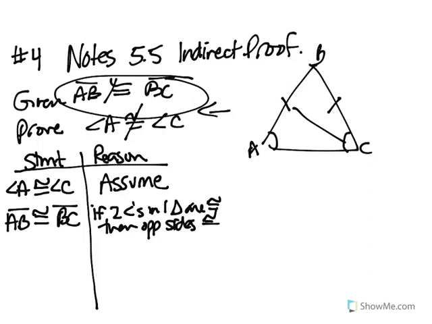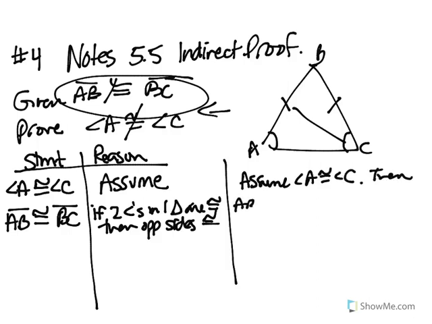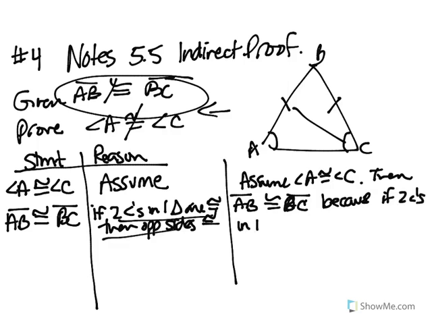So if we're going to write that out in a little paragraph, we would say assume angle A is congruent to angle C. Then AB would be congruent to BC, because if two angles in one triangle are congruent, then opposite sides are congruent.